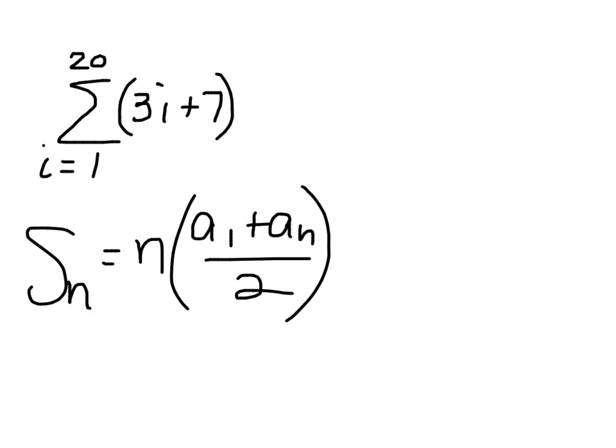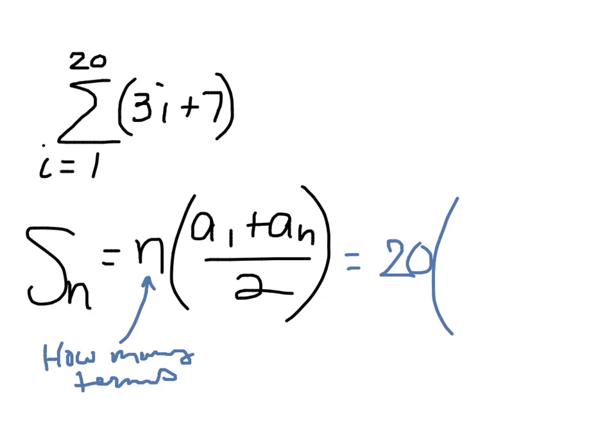Now, here's what everything means. This stands for how many terms? So for our particular problem, how many terms are we doing? Right, because we are going to 20 on the top. So I'm putting 20 in for n.